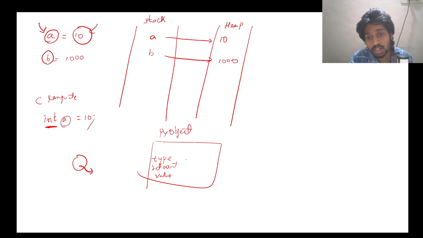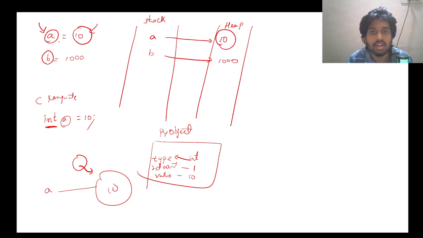Here, 10 is nothing but an integer, so the type will be assigned to this object. The type is not getting assigned to the variable, it's getting assigned to the object. The value is 10 and the reference count is 1 because only one variable is referencing this object. We will discuss this in detail in the next lecture.